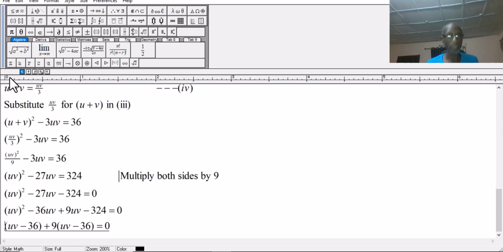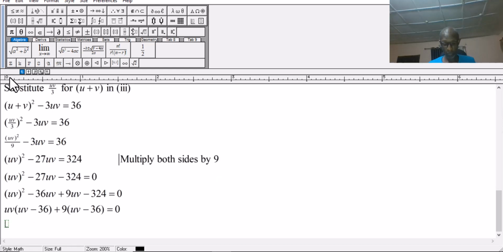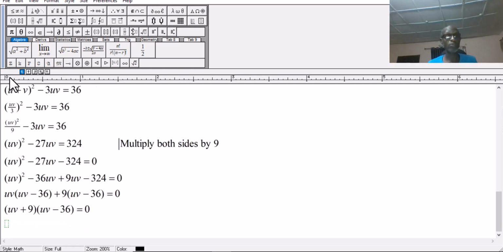So there's a common uv here. So we have uv plus 9 bracket closed, and then uv minus 36 equals 0. So our uv is equal to 36, or uv is equal to minus 9.